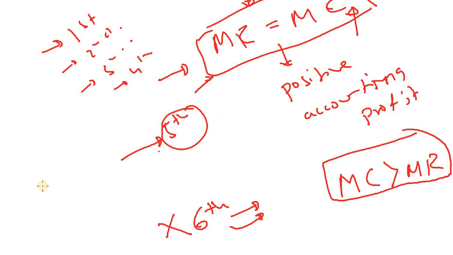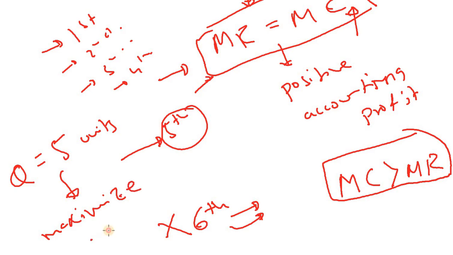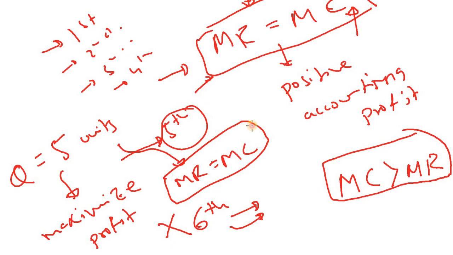If the business produces and sells 5 units, it will be able to maximize profit, because at these 5 units MR is equal to MC. This is also called the profit maximizing condition, because at this point the profit is maximized.